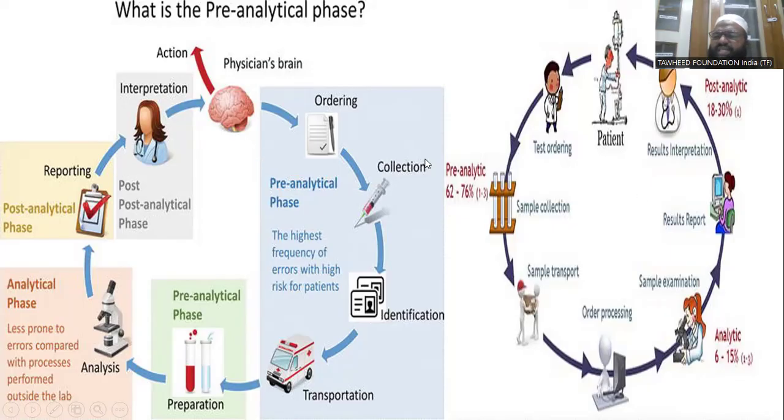Here one thing I want to raise concern about is that most of the errors occur in the pre-analytical, that is, pre-examination phase. Here you can see the percentages. 62 to 76 percent of errors are noted in the pre-examination phase. Coming to the analytical phase, only 6 to 15%.